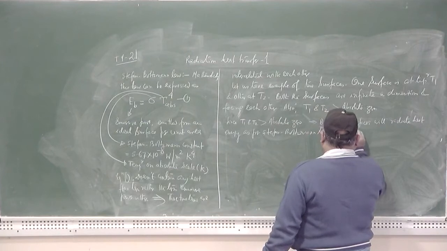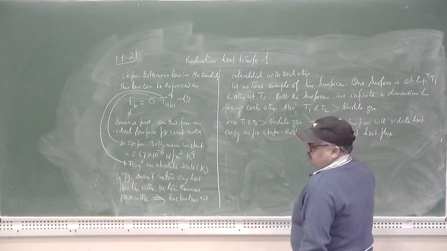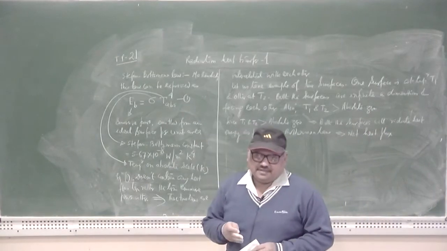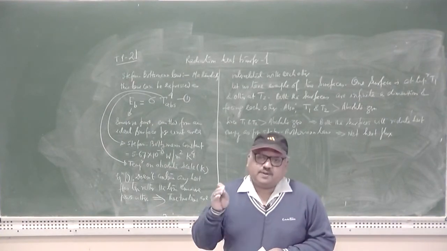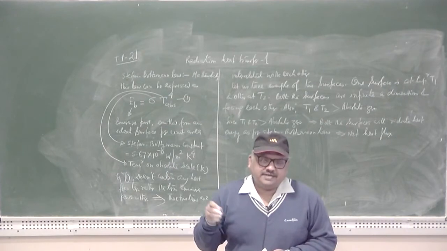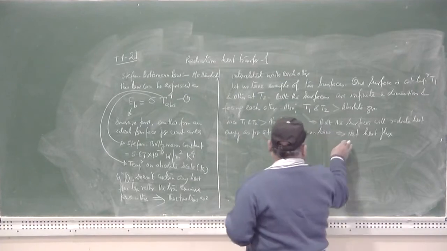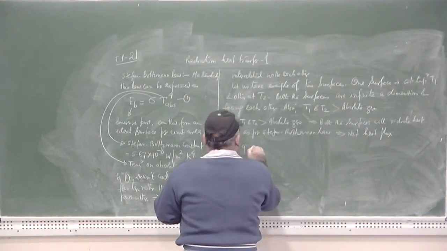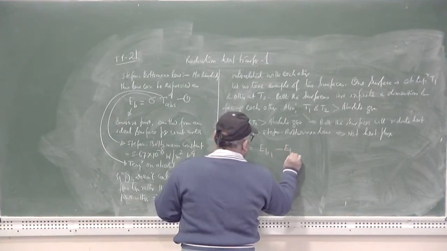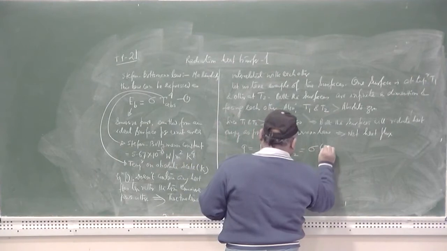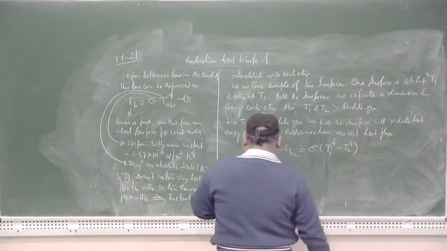So, the net heat flux. That means the heat flux released by surface 1 minus the heat flux released by surface 2. So, the net heat flux Q is equal to EB1 minus EB2, that is equal to sigma times T1 raised to the power 4 minus T2 raised to the power 4.